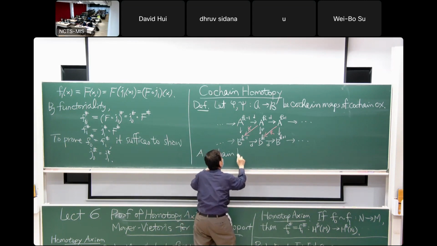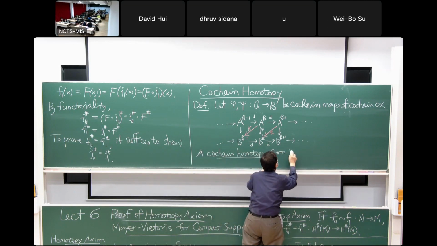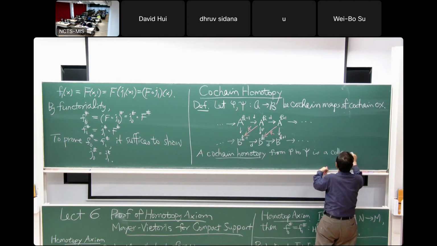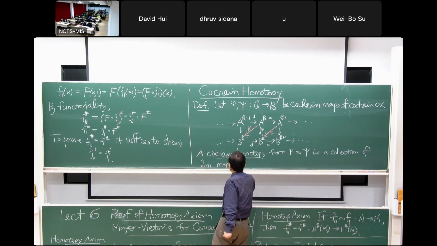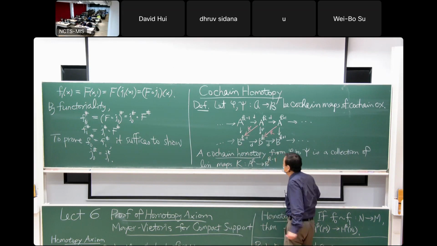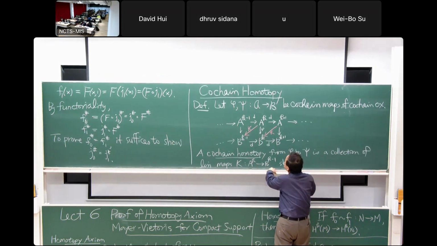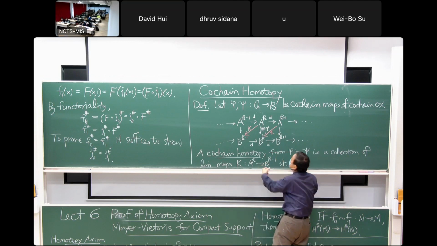A co-chain homotopy from, say, phi to psi is a collection of linear maps K from AK to BK minus 1, one for each K, such that if you go this way plus this way, it's going to be equal to the difference of the two cochain maps, okay?